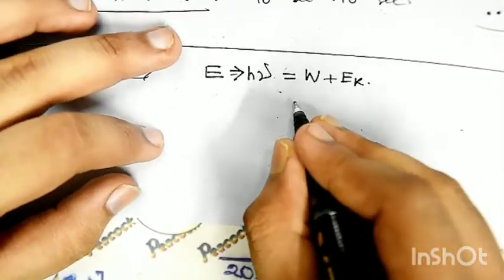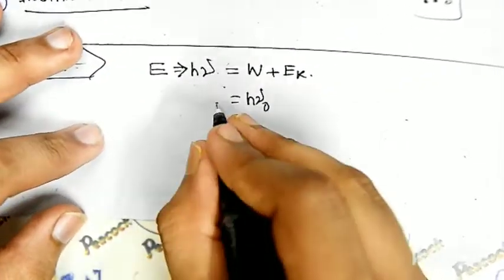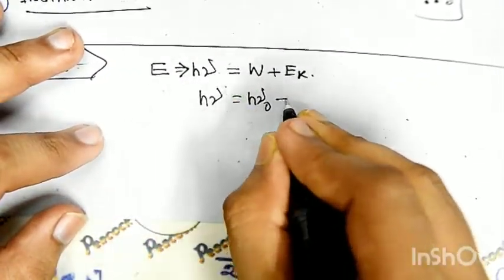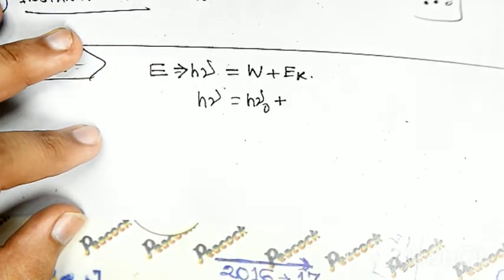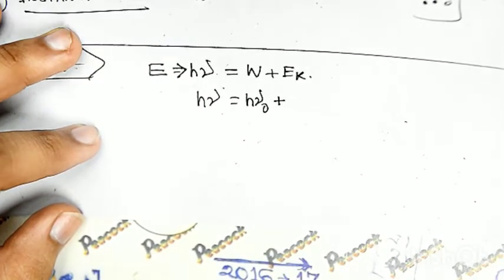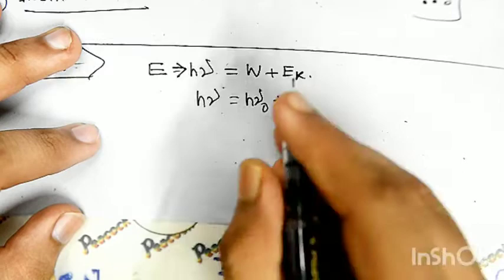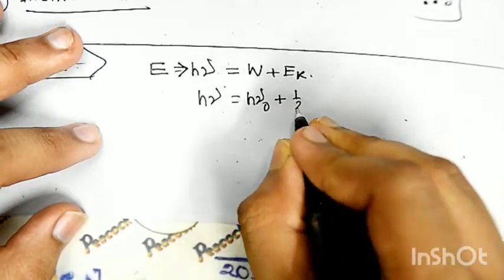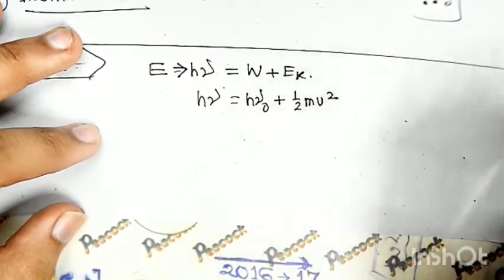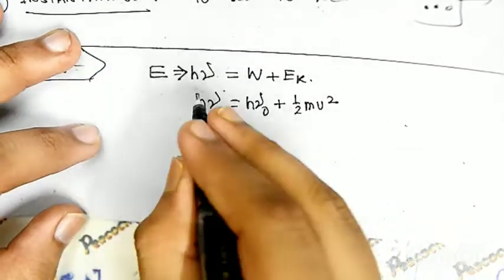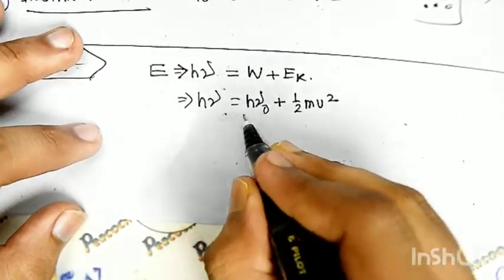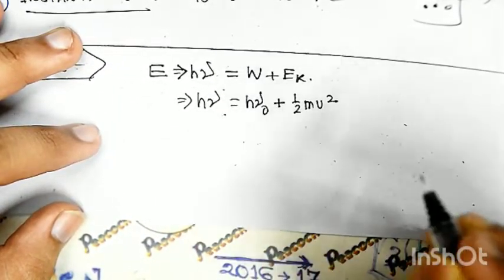Now this work function is h nu 0, like we calculated. So h nu equals h nu 0 plus kinetic energy. What is the equation of kinetic energy? If mass is m and velocity is v, then half m v squared. So h nu equals h nu 0 plus half m v squared.